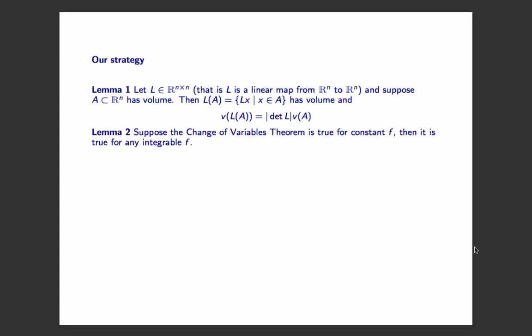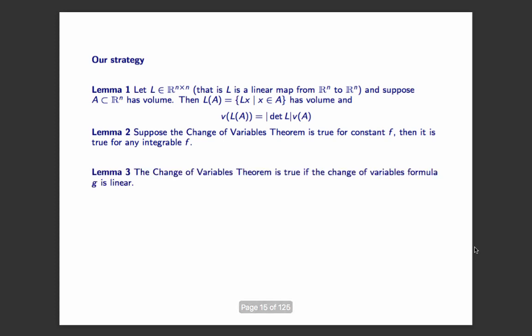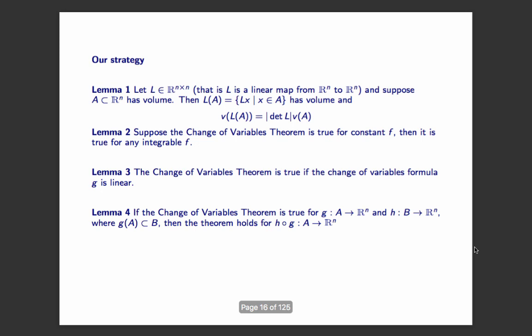Lemma 2. Suppose the change of variables theorem is true for a constant f. Then it's true for any integrable f. Lemma 3. The change of variables theorem is true if the change of variables formula g is linear. Lemma 4.